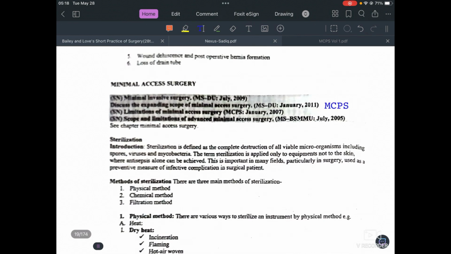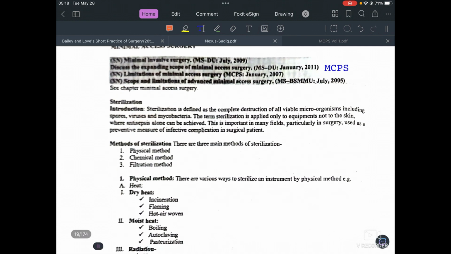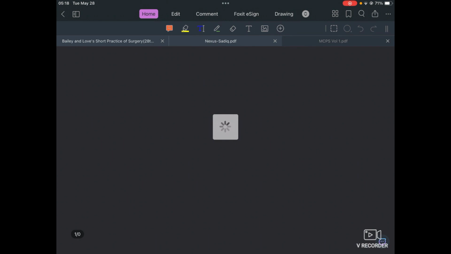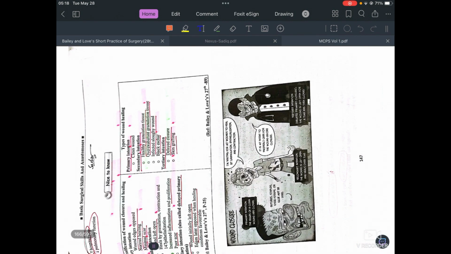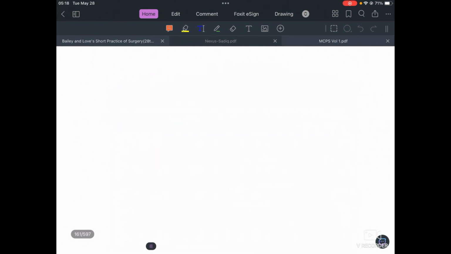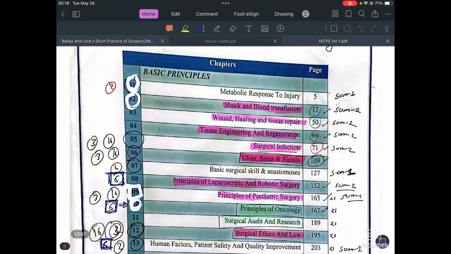Minimal access surgery, the scope and limitations of minimal access surgery. Another production of the minimal access surgery.